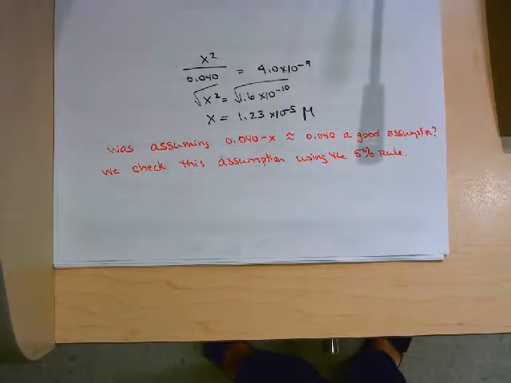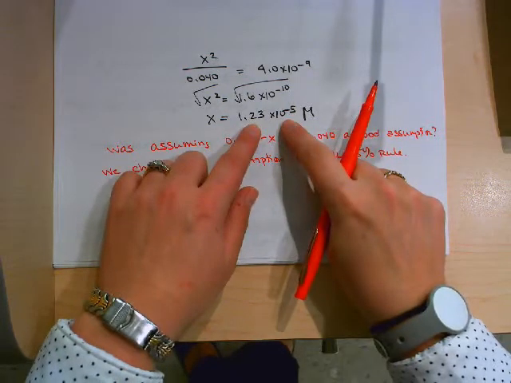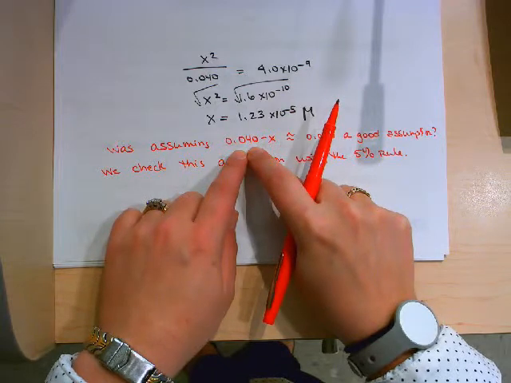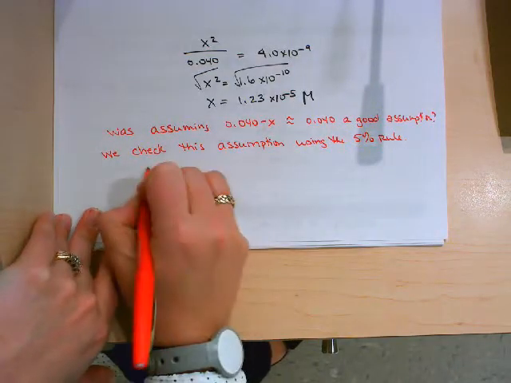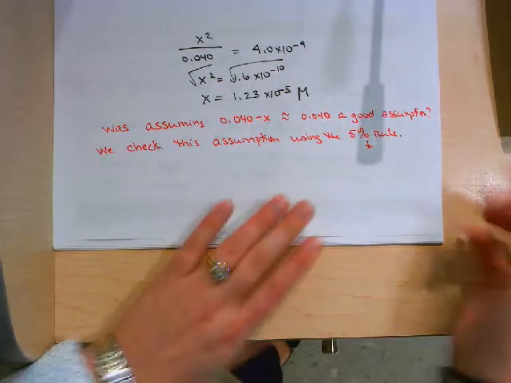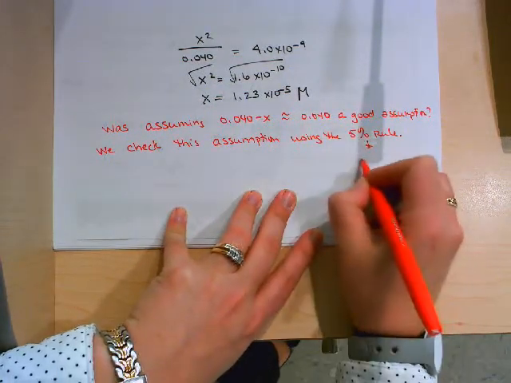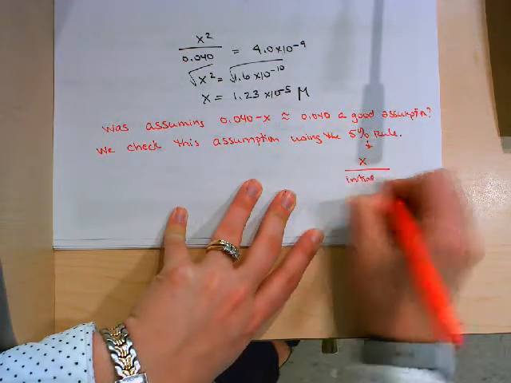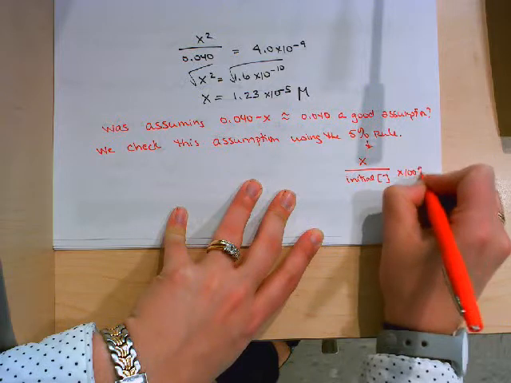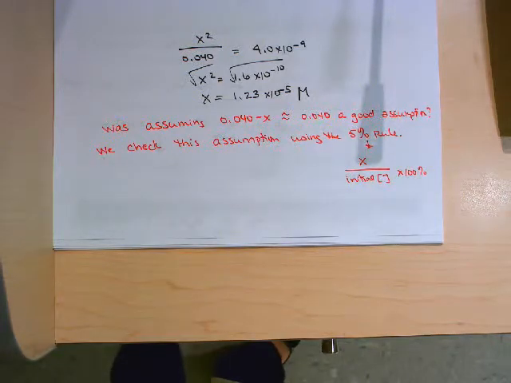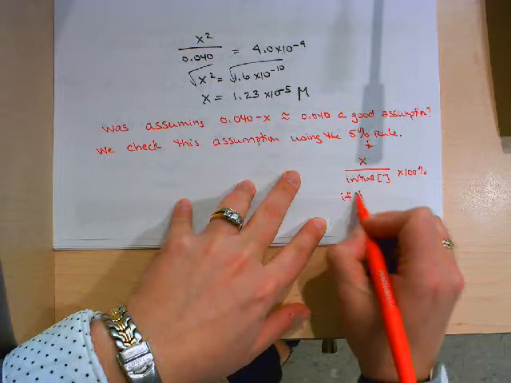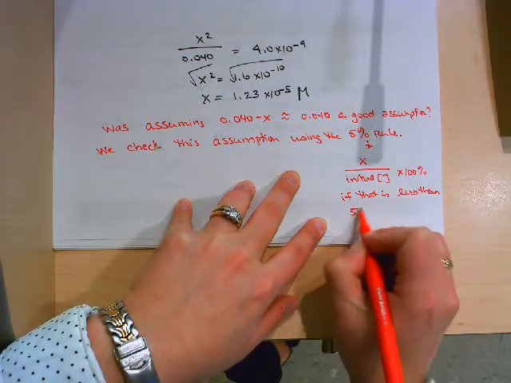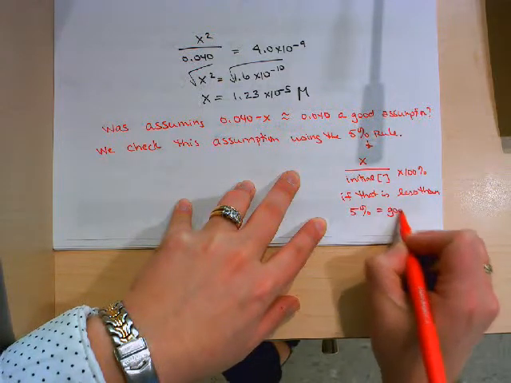So what we need to do is compare what we got to 0.04 and see if it's less than 5%. The 5% rule says you take the value that you get for x, divide by the initial concentration times 100%. If that is less than 5%, good assumption.